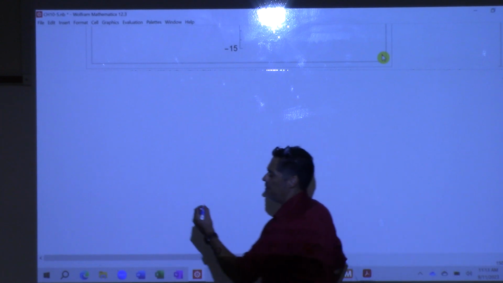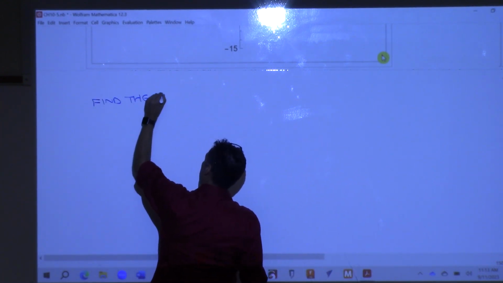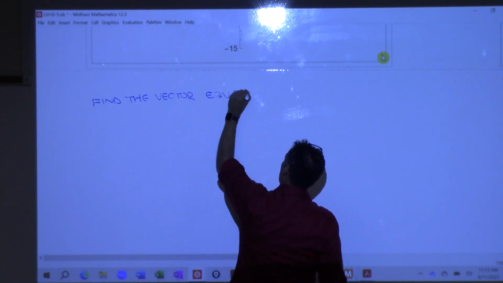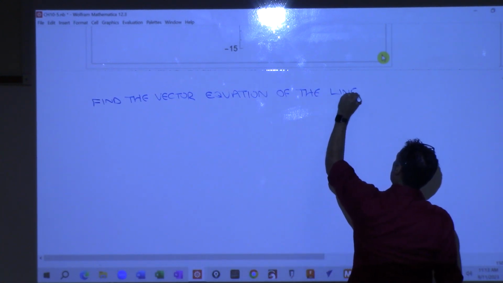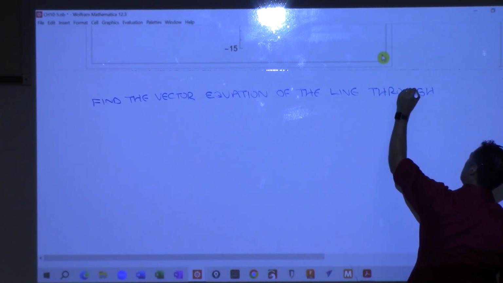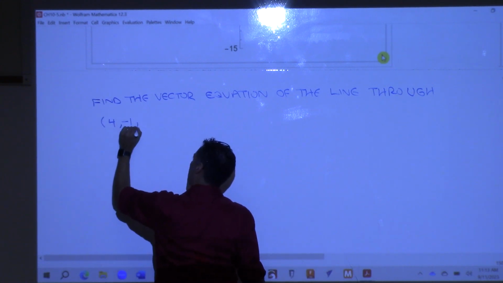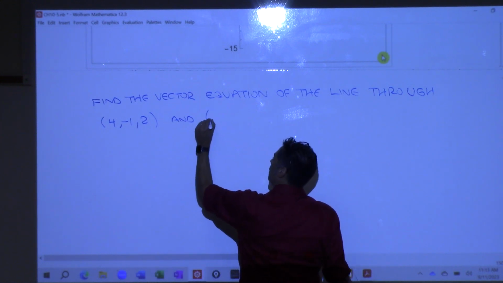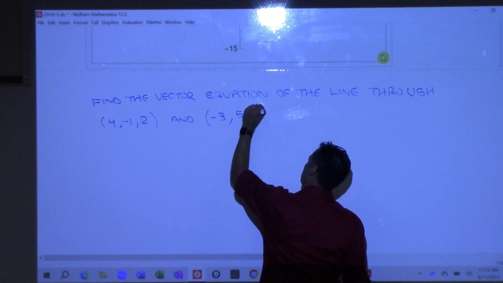All right, so find the vector equation of the line through, let's go with (4, -1, 2) and (-3, 5, 6).